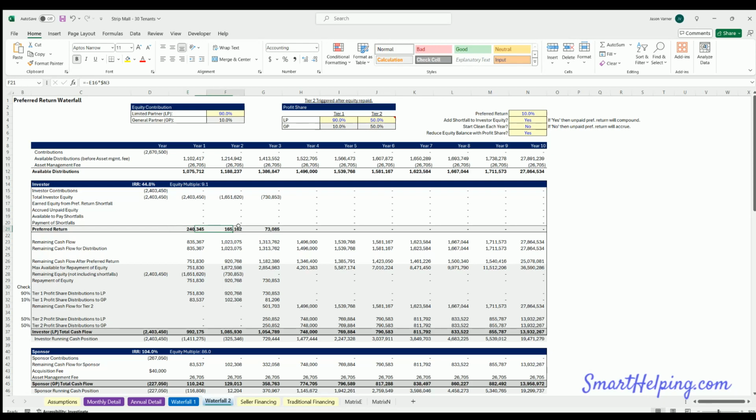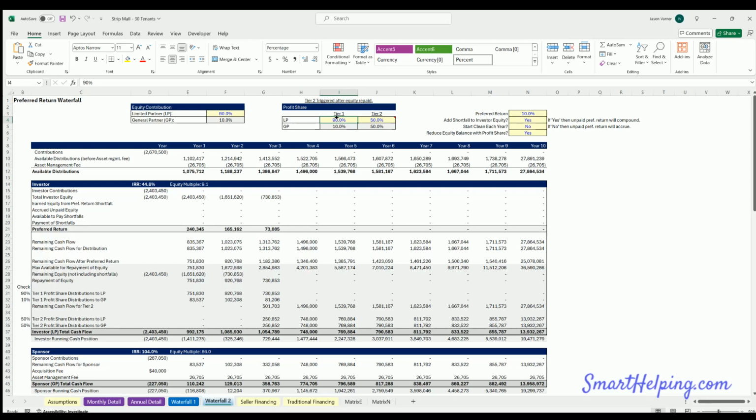So they get a certain amount of cash. Once that's paid off, and you can accrue and or compound any unpaid returns, you can flick those switches off and on. Also choose to reduce the equity balance or not with profit share, which would adjust a preferred return. And then after that preferred return is met, and again, you have contributions here for the LP and GP, and then the split.